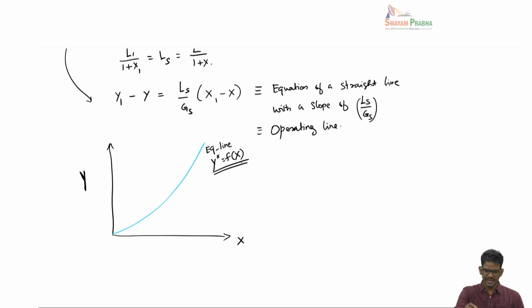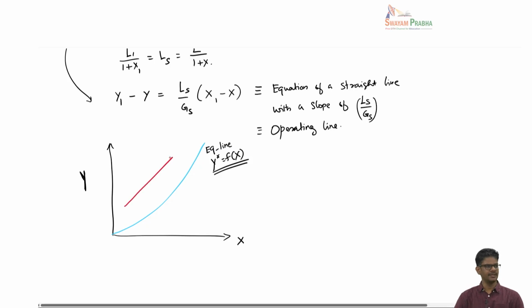Now this operating line is a straight line with a slope equal to Ls by Gs, and this point here is Y2, X2, and this point here is Y1 and X1, and this is for an absorber.